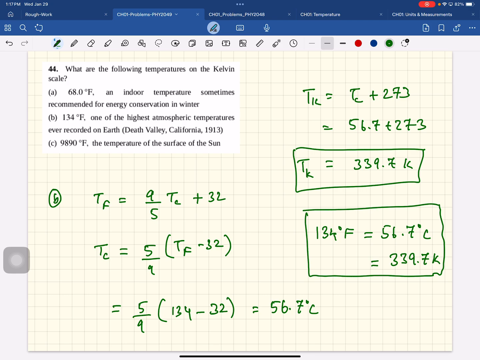So here is the temperature on the three scales. And that's in Death Valley.